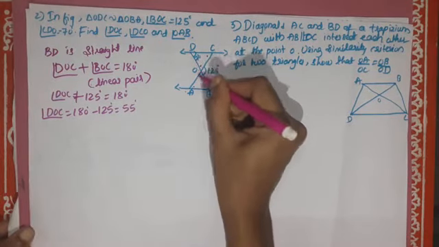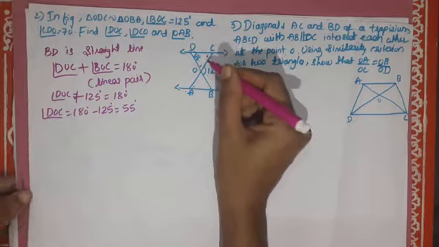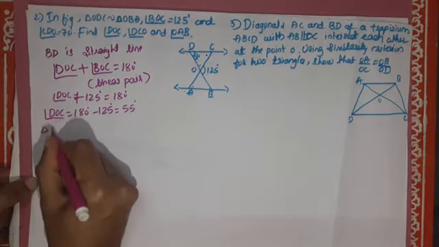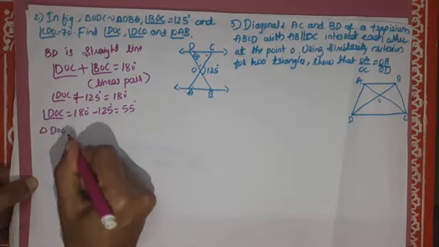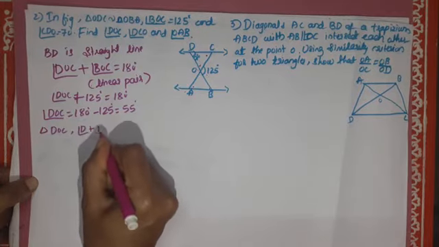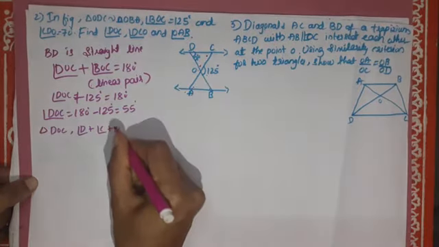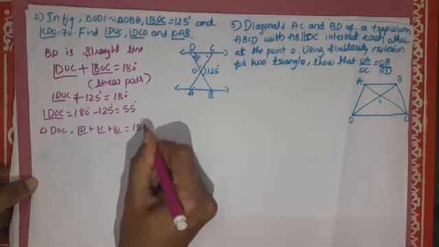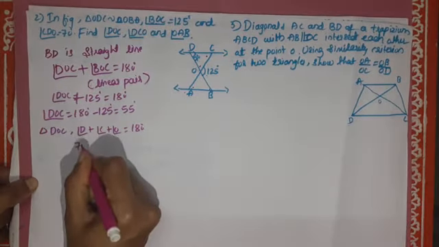We know in a triangle the sum of three angles equals 180. In triangle DOC, angle D plus angle C plus angle O equals 180. Angle D is 70 degrees.